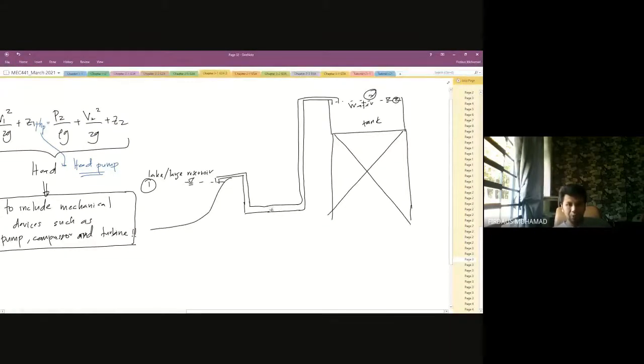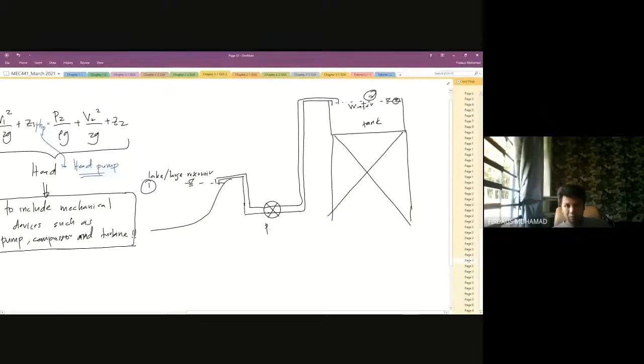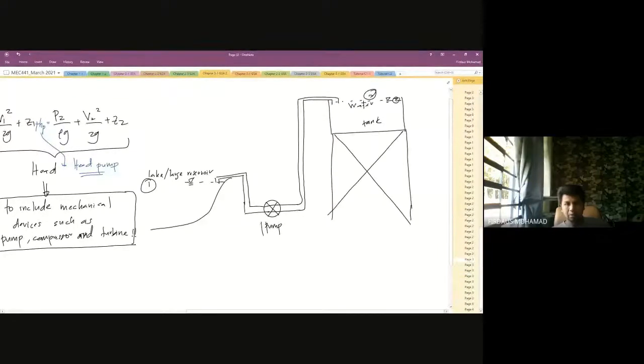For example, we put the pump here. This pump will increase the fluid power, the flow energy, and then the water can be delivered to this water tank.